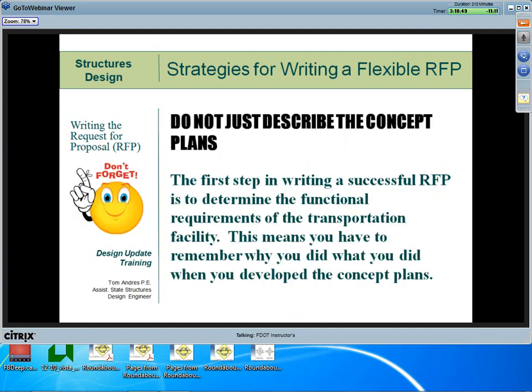The first step in writing a successful RFP is to determine the functional requirements of the transportation facility. As I stated earlier, this means you have to remember why you did what you did when you developed the concept plans. And if the project's been around for many years, you may have to reevaluate earlier constraints and commitments to see if they're still valid.